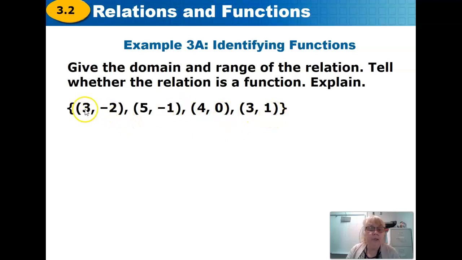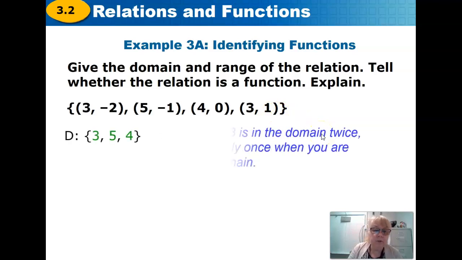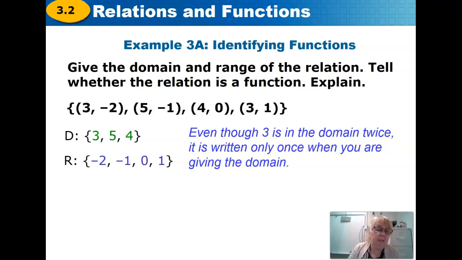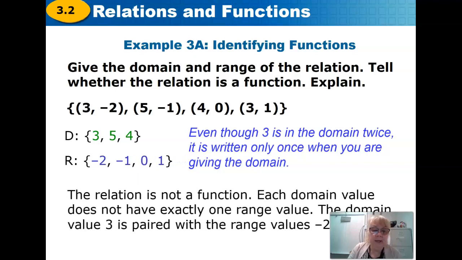So we have 3 going to -2 and also going to 1. So this would not be a function because we do not have exactly one domain paired with one range. The domain value 3 is paired with the values -2 and 1.